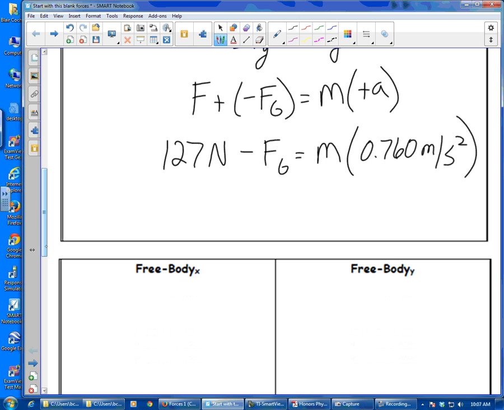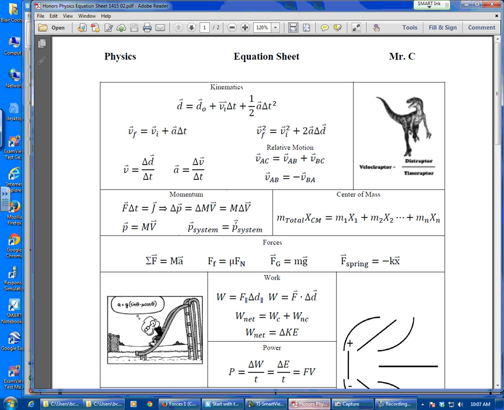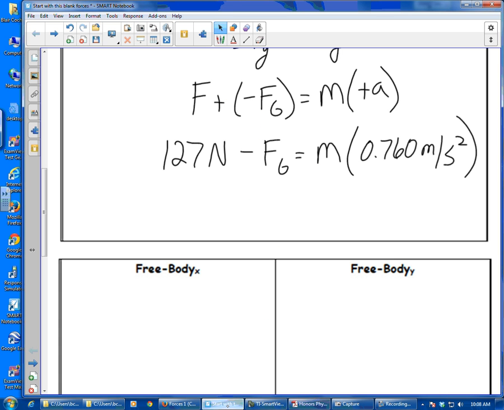So I should probably look at my equation sheet and notice that I have this equation here that says the force of gravity, or the weight, is the mass times the gravitational field strength, little g.